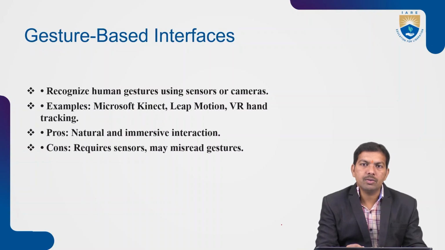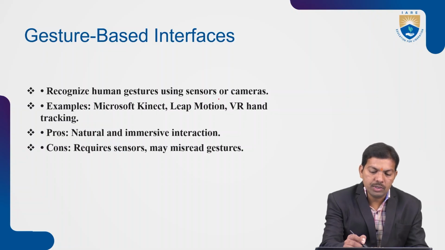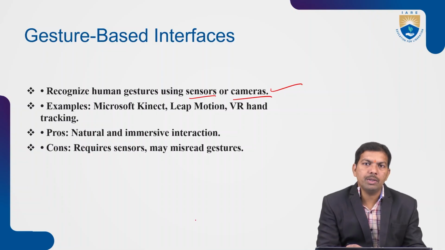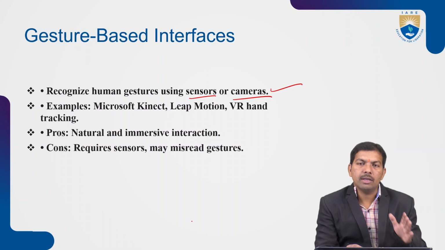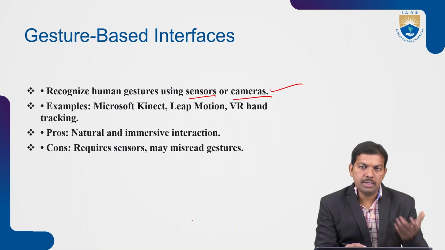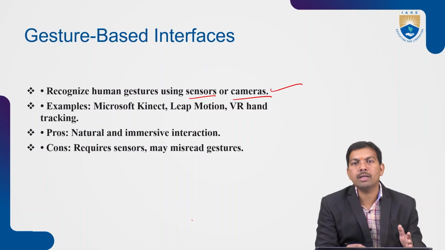Gesture-based interface is one more type of interface we are going to develop. So what is it? It recognizes human gestures using sensors or cameras. Sensors are going to sense the human gestures, what kind of gesture he is giving.